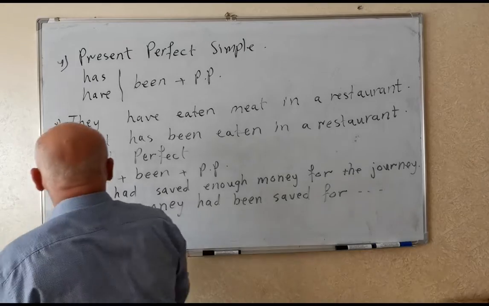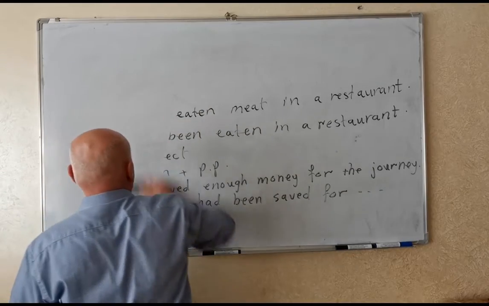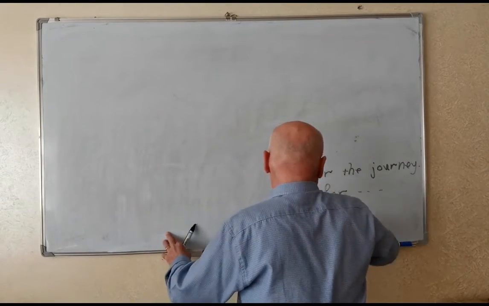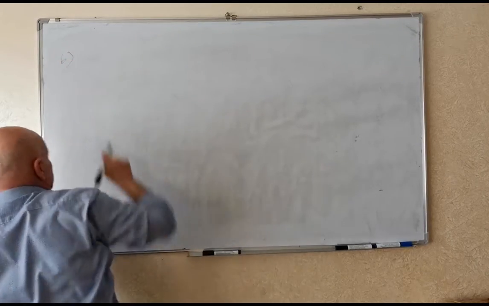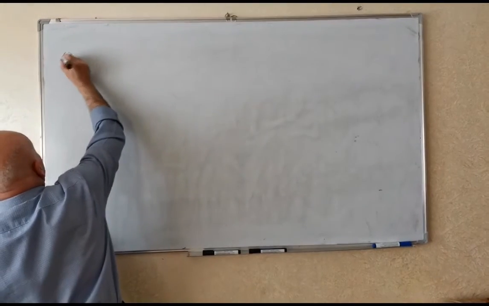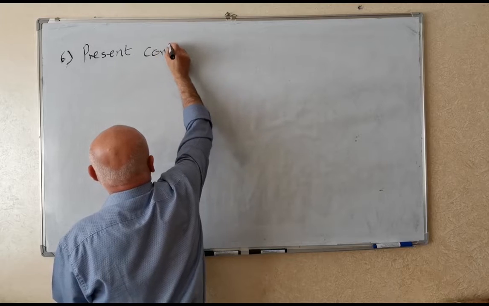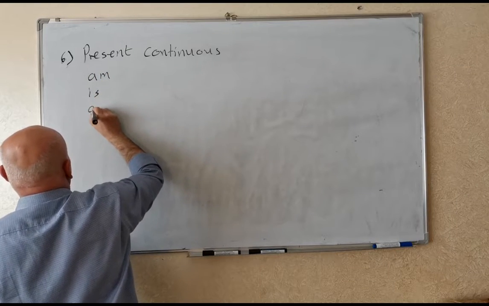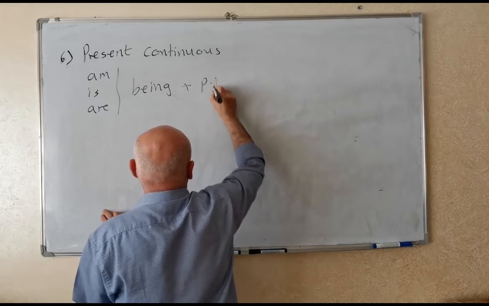Number 6, present continuous: is, are, and for the ing form we use being plus the past participle of the verb.